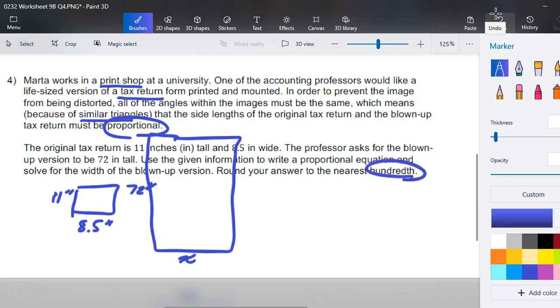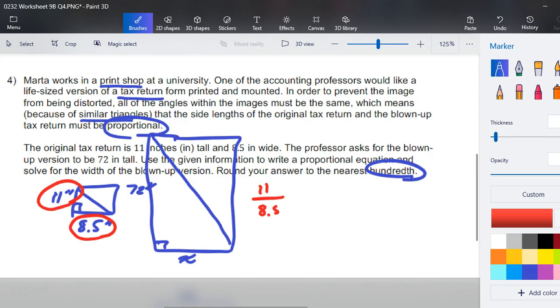Again, we have proportional, and it says it's based off of triangles, so we could even just look at triangles this way. We need to set up a proportion. We could say height of the original to the base of the original is the same as height of the life size to the base of the life size.